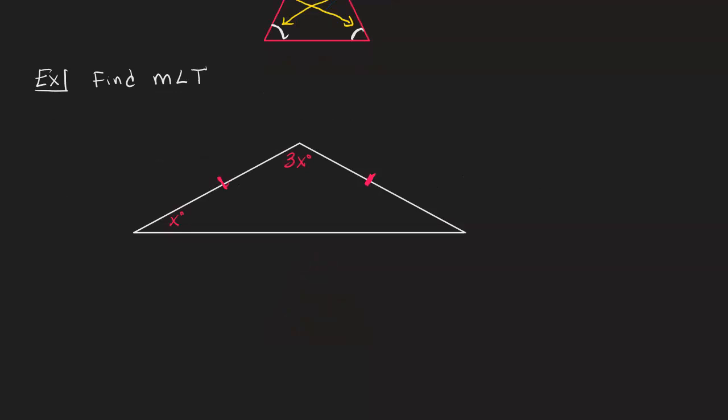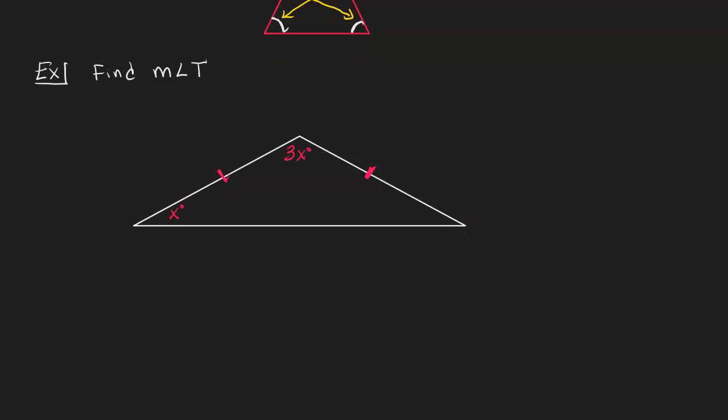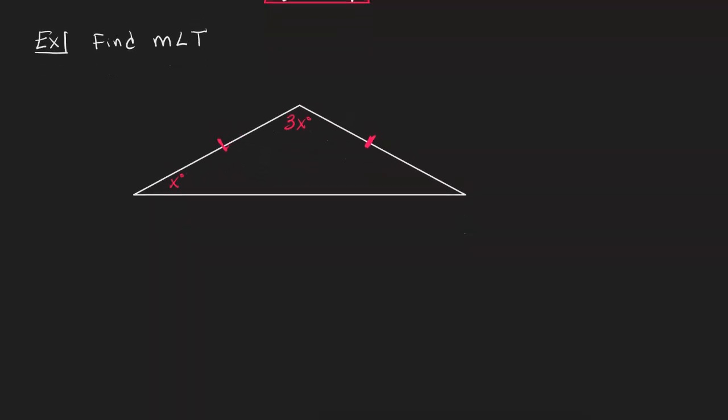So let's take a look at an example using our isosceles triangle theorem. We're asked to find the measure of angle T. Oops, I should probably label this for you. So this is T, this is S, and then this is R. So we're asked to find the measure of angle T, and right now it says 3x, and we're given that angle R is just x.